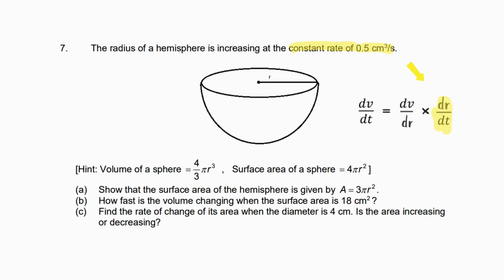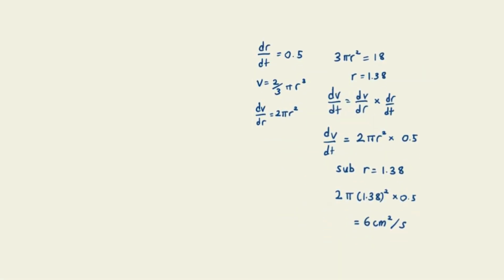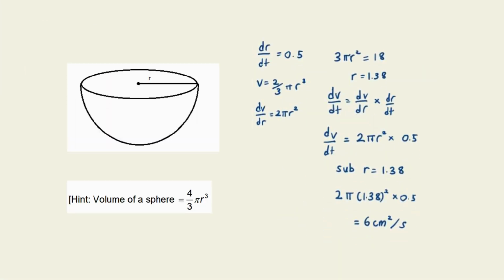Now we need to find dV over dr. There's a hint that says the volume of a sphere is 4/3 pi r³, but in this case we don't have a sphere, we have a hemisphere. So we need to divide the volume of the sphere by 2 to get the volume of the hemisphere, which will be 2/3 pi r³.